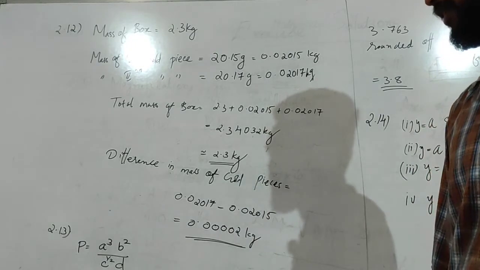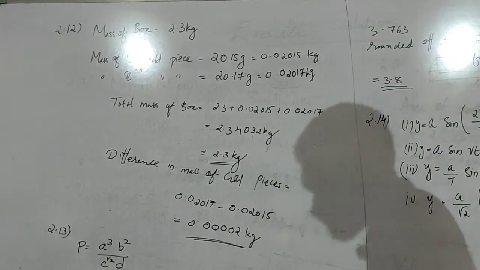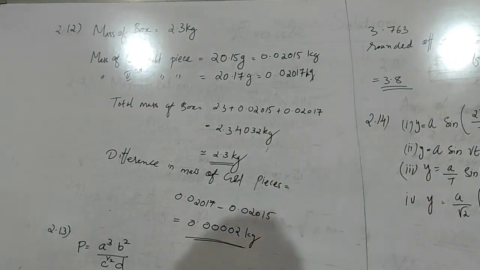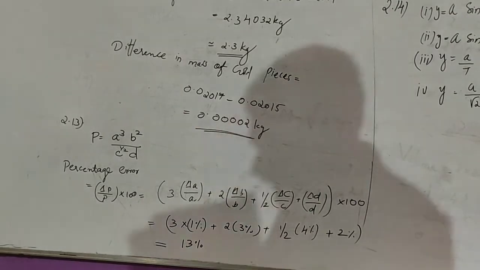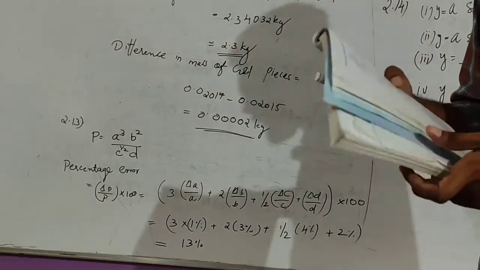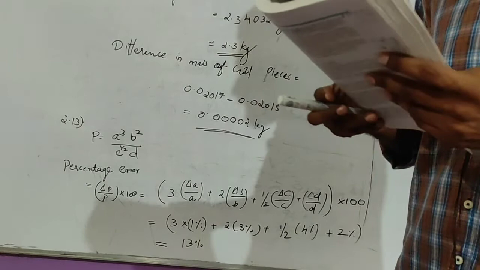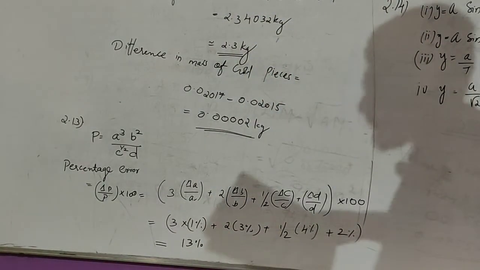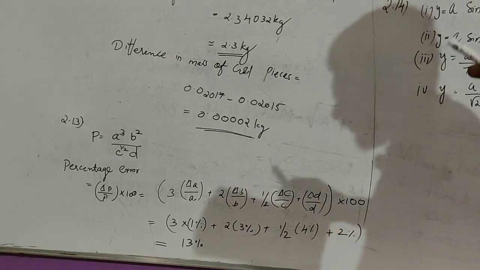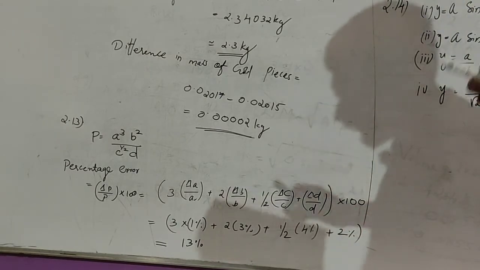Okay. So now let us come to the next question, that is 2.13. The question is that the physical quantity P is related to 4 observable values A, B, C and D as follows.